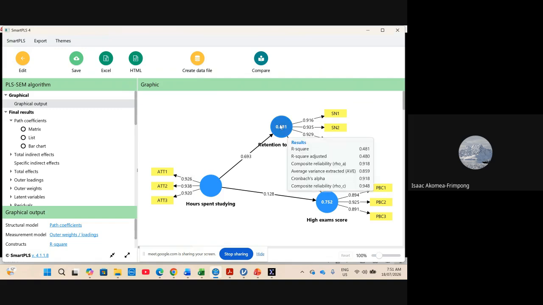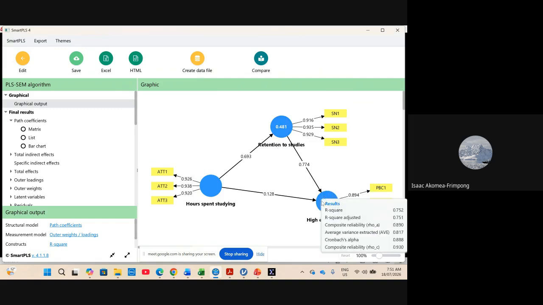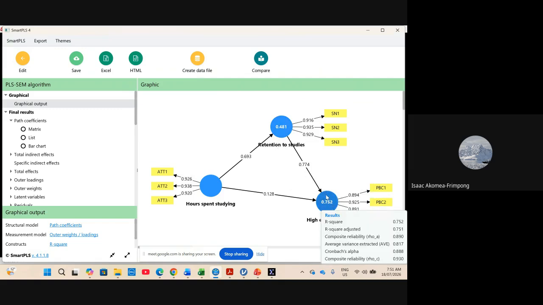It seems the relationship between retention to studies and high exam score is higher in terms of their path coefficient compared to this.